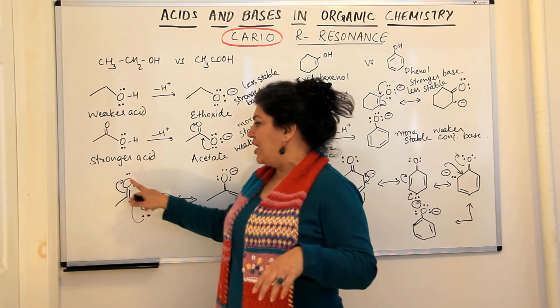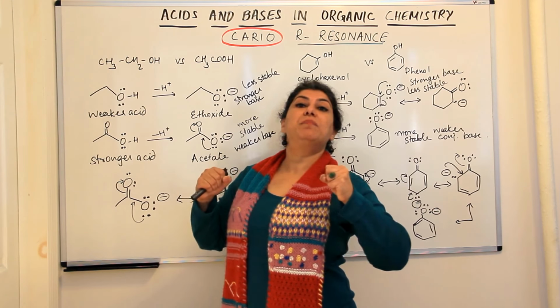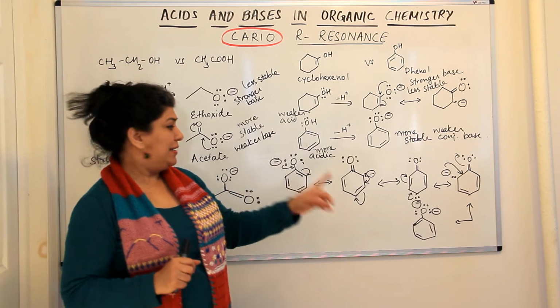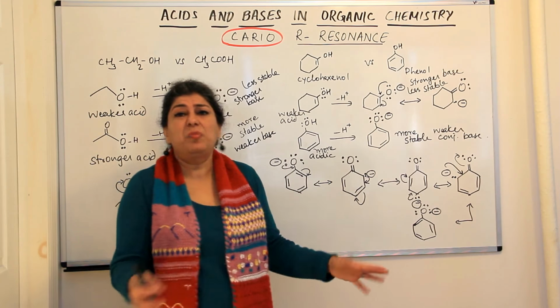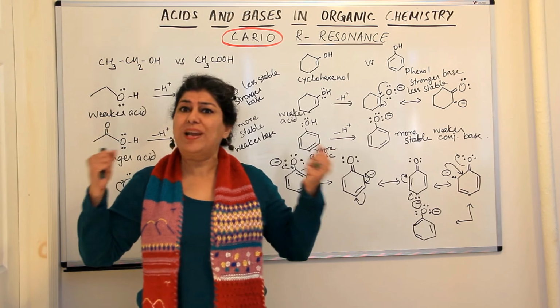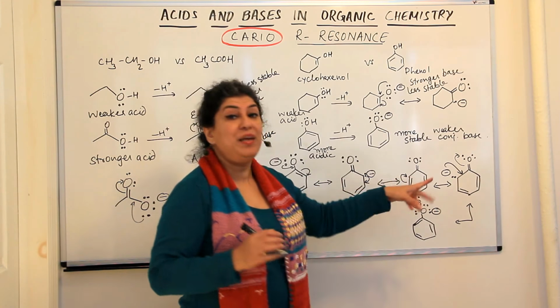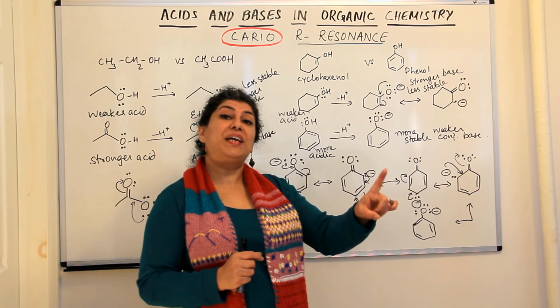So when the negative charge is shuffling between these two, they will be more stable. But here, you have only one strong weightlifter. The other weightlifters are carbons who are weak. They cannot hold the weights well on them. So the negative charge is shuffling between the less electronegative atom.